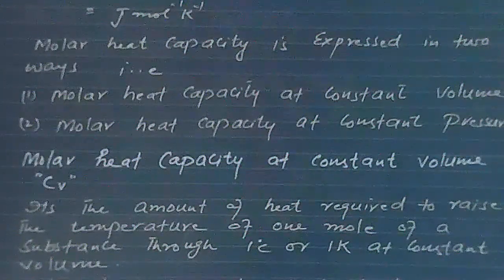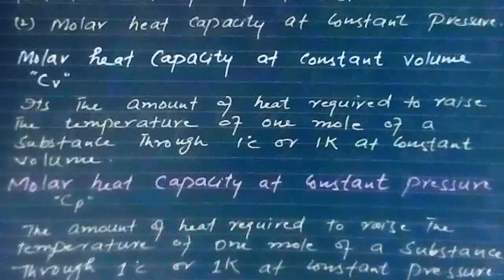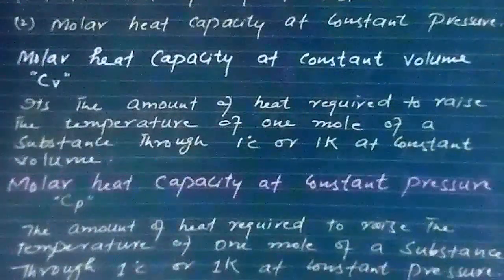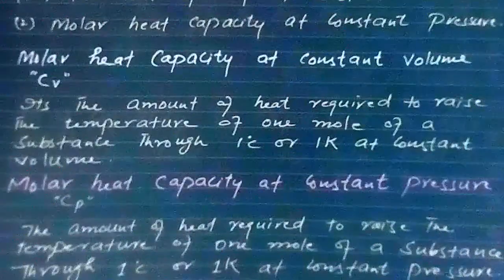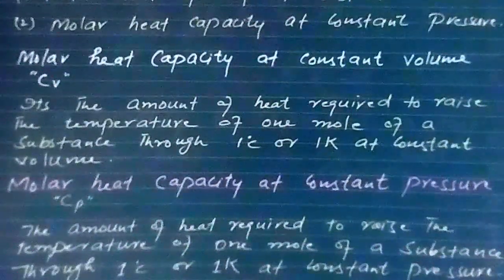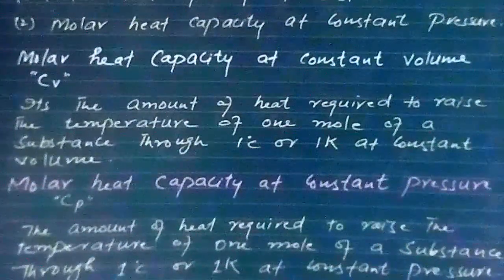Now the second one is molar heat capacity at constant pressure. It is represented by Cp, and it is the amount of heat required to raise the temperature of 1 mole of a substance through 1 degree centigrade or 1 Kelvin at constant pressure.